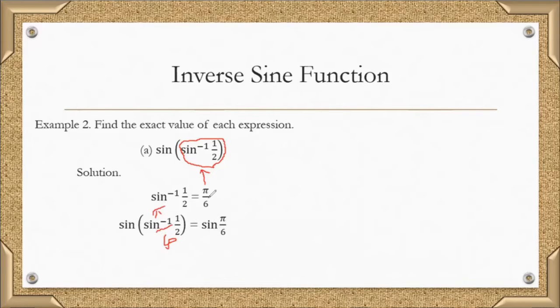Sine, kumbaga sa degree ay sine 30, at ang magiging value lang nun ay 1 half. Sine pi over 6 or sine 30 degrees is 1 half. Kaya dito sa ating given, sine of arcsine 1 half is also 1 half. Parang yung sagot niya, nandun lang din sa question.